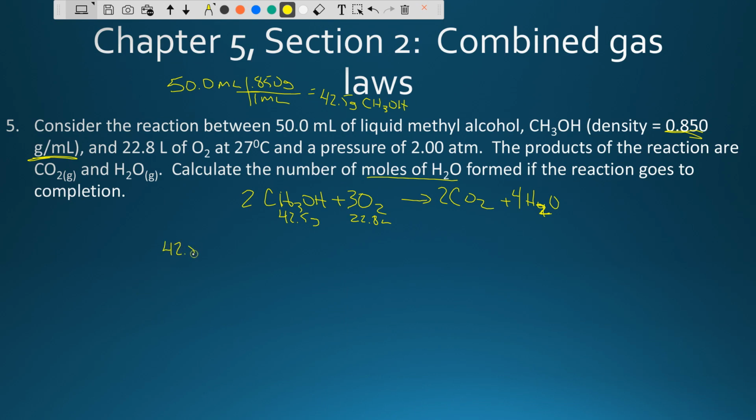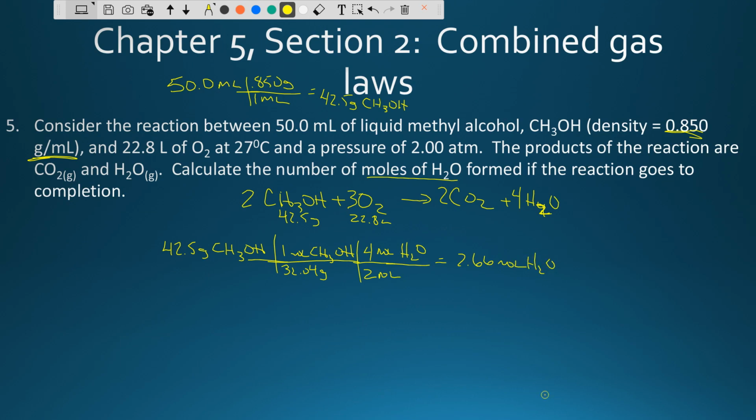I had 42.5 grams of my methyl alcohol, and let's convert that into moles. That's 32.04 grams for 1 mole of CH3OH. Now I look at my balanced equation, and I have 2 moles of that to 4 moles of my water. This is going to give me 2.66 moles of water.